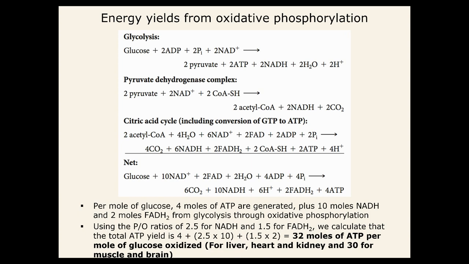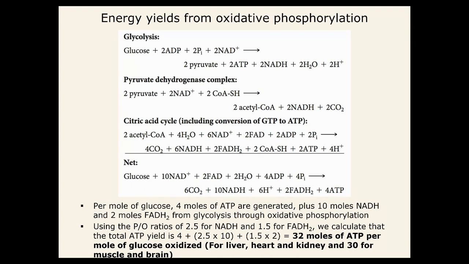Those protons flow through ATP synthase to create that rotational movement in the F1 subunit that phosphorylates ADP to ATP. And in the process, those electron carrier reactions reduce oxygen to water.